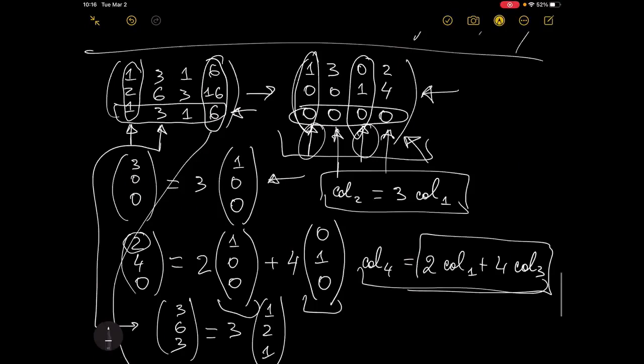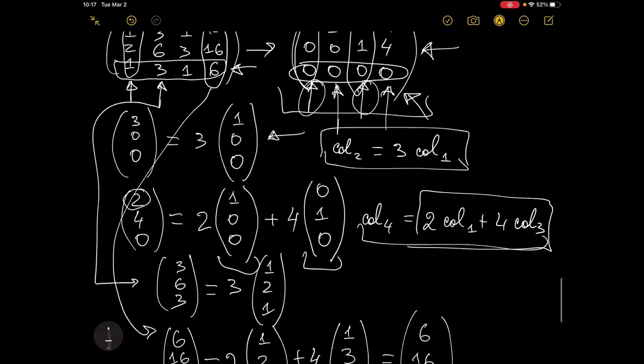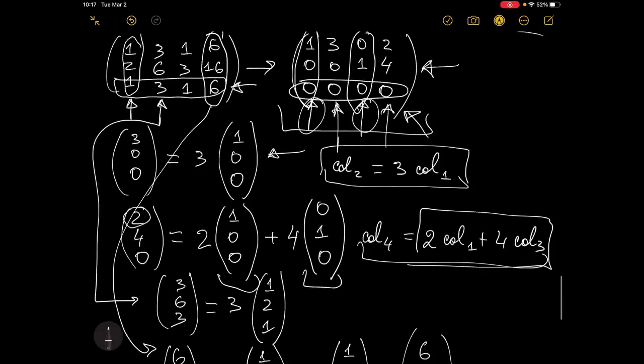Column 3 is 1, 3, 1. So let us check. 2 plus 4, 6. 4 plus 12, 16. 2 plus 4, 6. So you see, this statement that a relation between columns does not change holds.